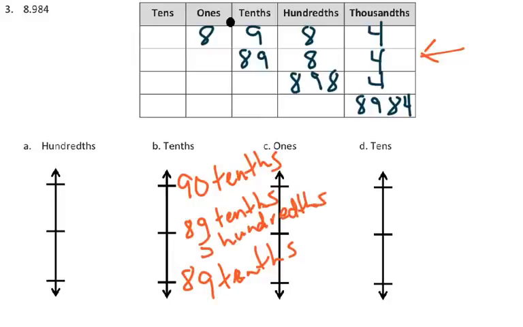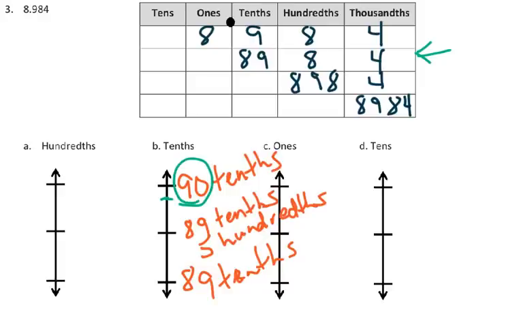So when I'm looking over here, I have 89 tenths and 8 hundredths. Let me just do that one in green just for the color change. 89 tenths and 8 hundredths are right there. So it would be closer to around here. So that would be closer to 90 tenths.